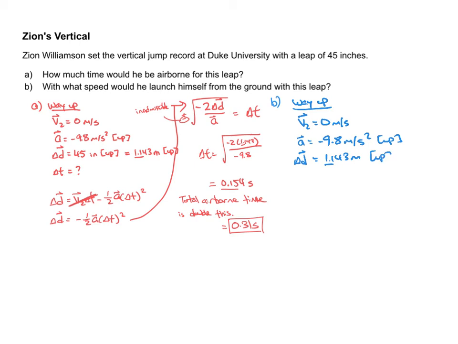But now I'm just solving for a different unknown. The unknown I'm solving for would be the launching speed, or v1, the initial speed or velocity.